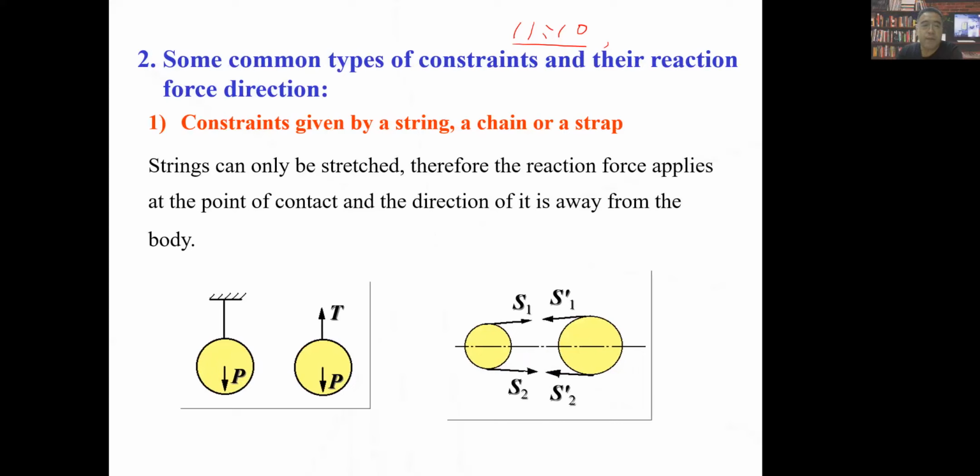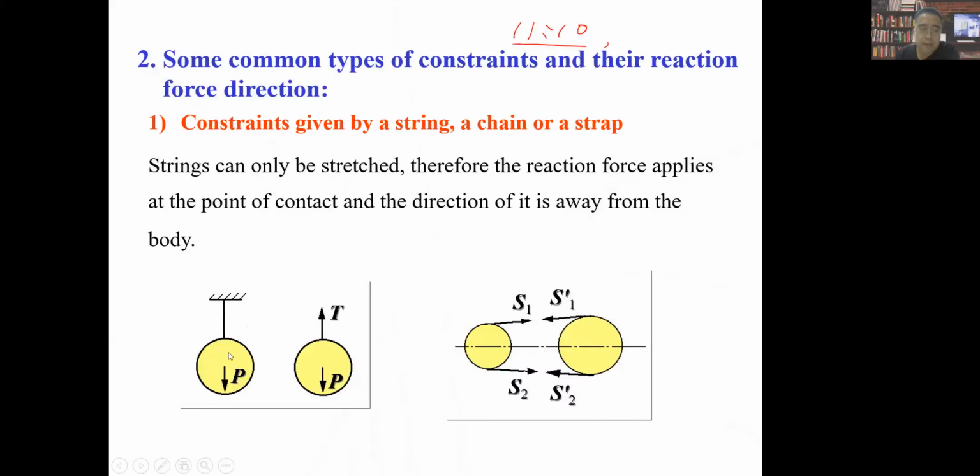This time I will tell you some common types of constraints and their reaction force directions. I think it's easy, because whatever the type of constraint is, its main aim is to prevent some possible movement from happening. If we have a ball fixed by a rope on the ceiling, then this ball cannot drop onto the ground.